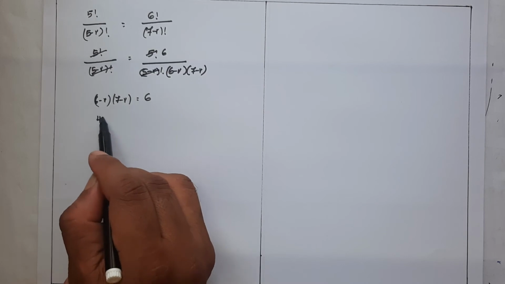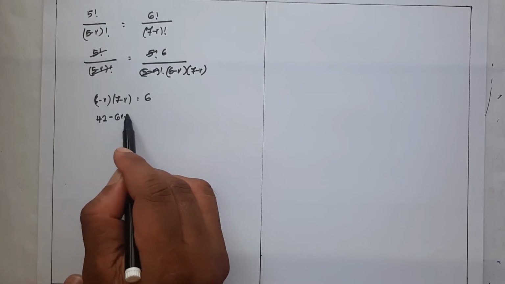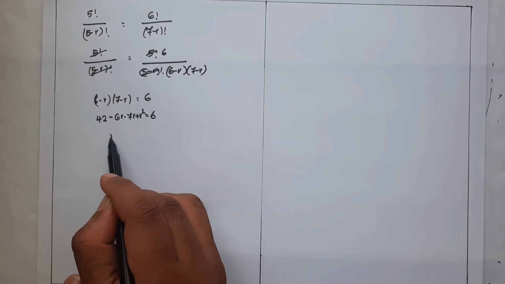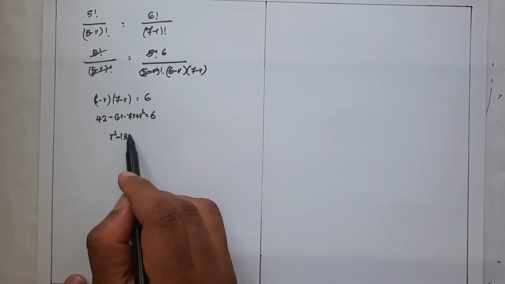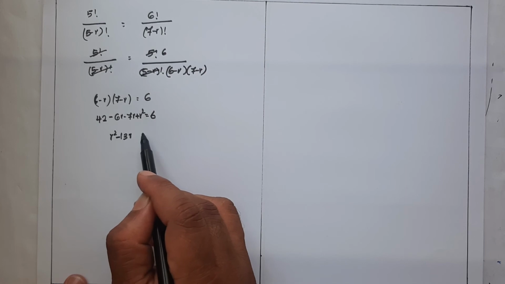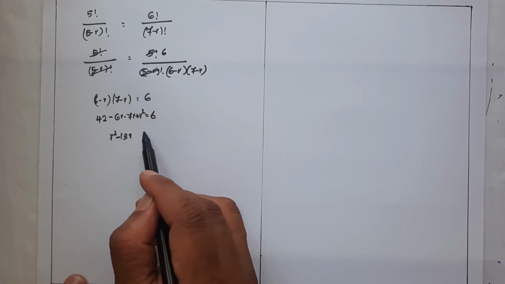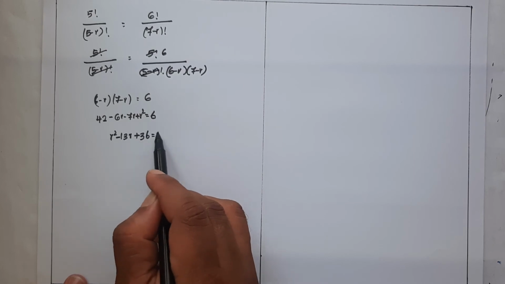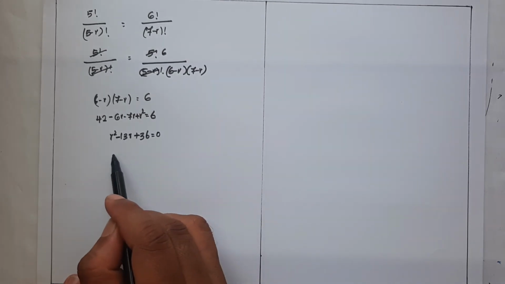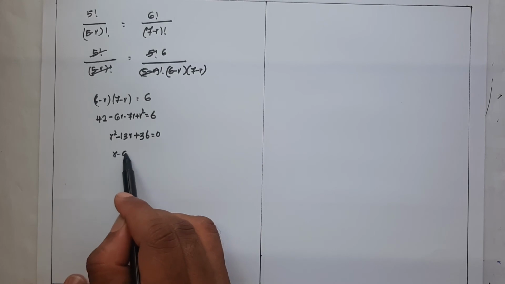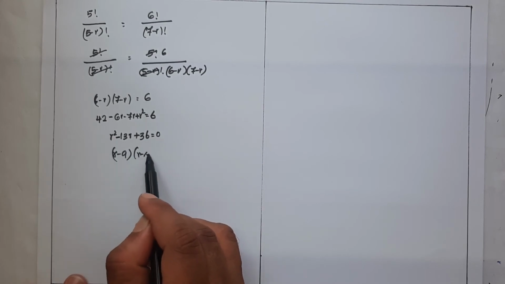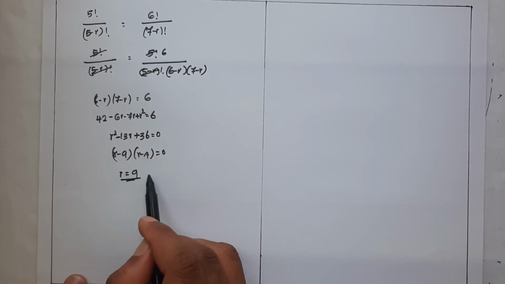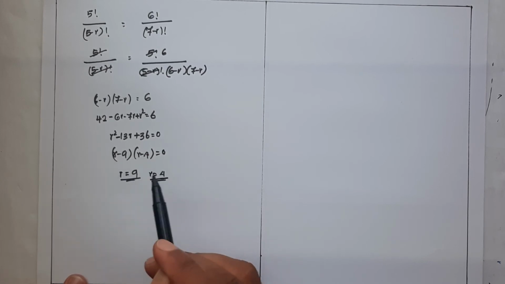6 into 7 is 42, minus 6r minus 7r plus r square equal to 6, and therefore r square minus 13r, 42 minus 6 is 36, equal to 0. Now factorizing, we get (r minus 9) into (r minus 4) equal to 0, therefore r is equal to 9 and r is equal to 4.